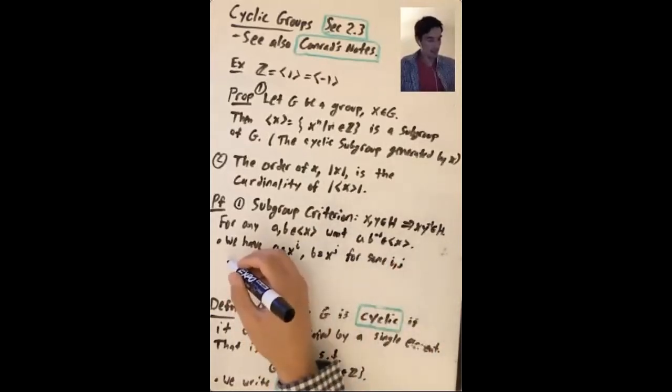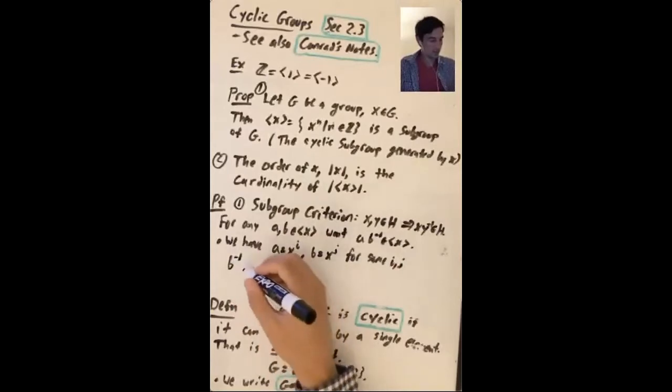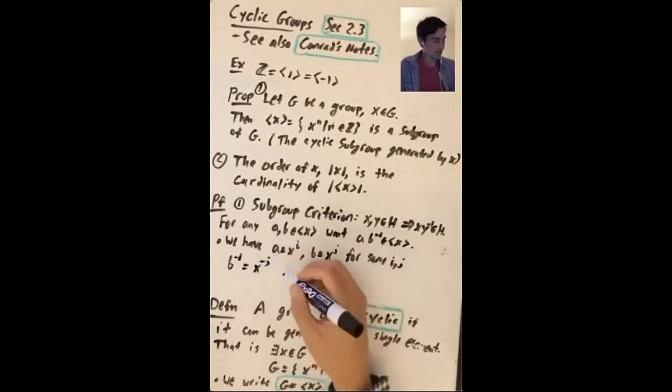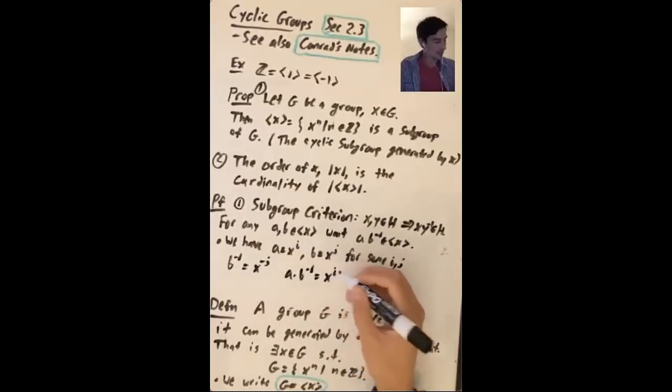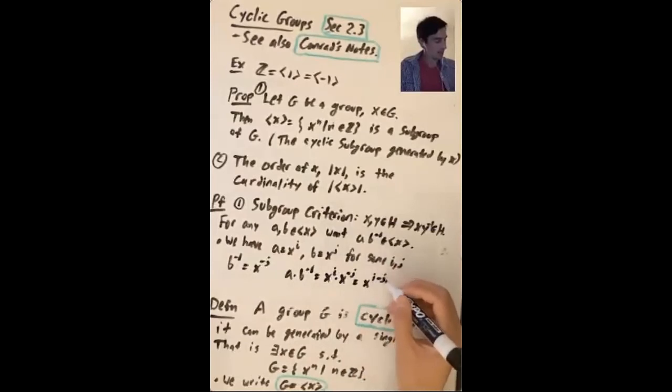Well, then what is b inverse? b inverse now is just equal to x to the minus j. So a times b inverse is x to the i times x to the minus j, which is x to the i minus j, which is in this cyclic subgroup. So this is an example of how applying the subgroup criterion can be a pretty straightforward way to tell that something is a subgroup. Okay, so for the proof of 2, we have to do a little bit more.